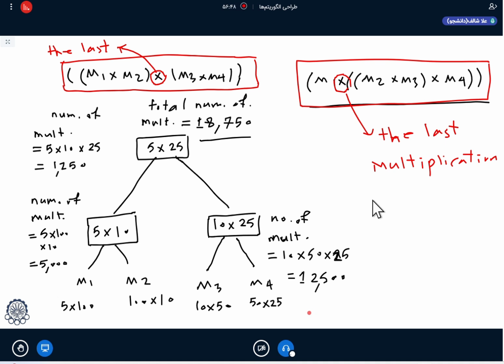We divided M1, M2, M3, M4, but why do we use 100? 5 multiplied by 100 for M1, M2 100 multiplied by 10, and so on. Why do we use 100?